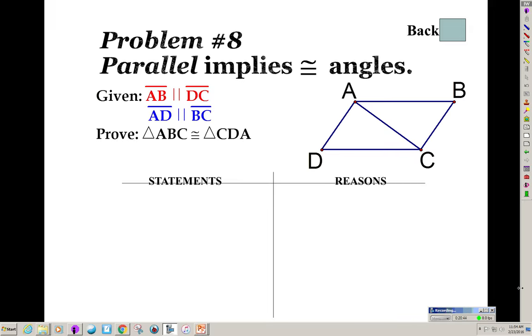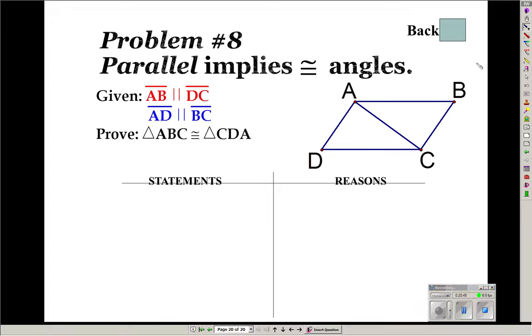Here's another one. Given that segment AB is parallel to segment DC, and segment AD is parallel to segment BC, prove the triangles are congruent. So I can mark the parallel lines there to show that those are parallel.